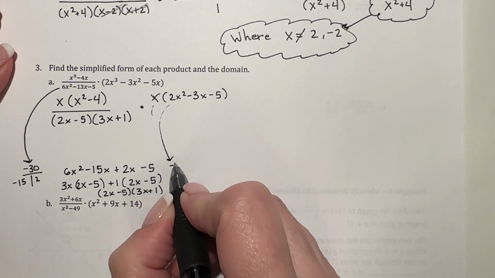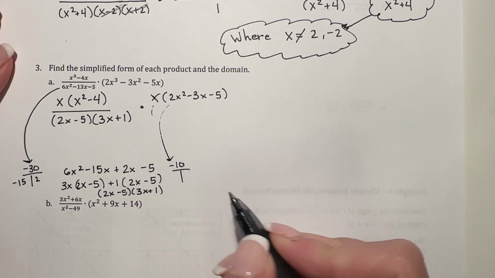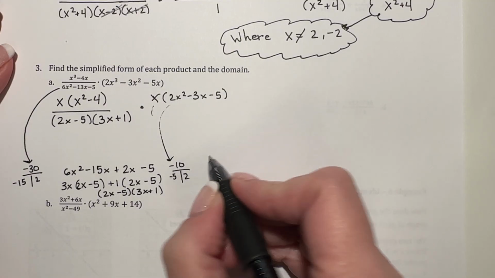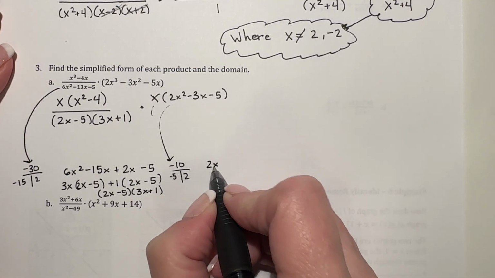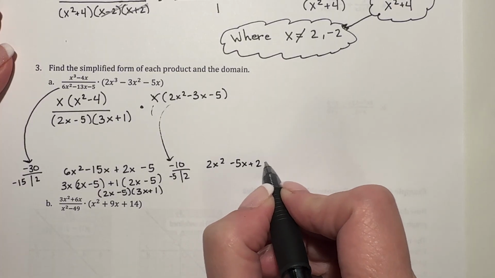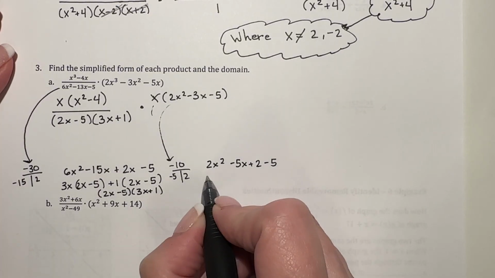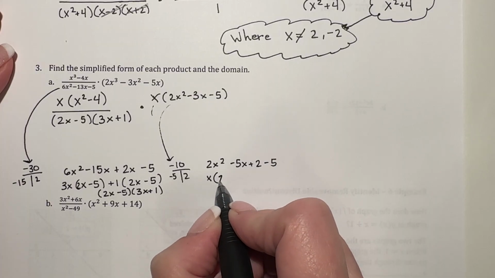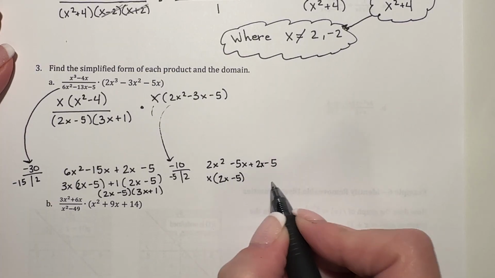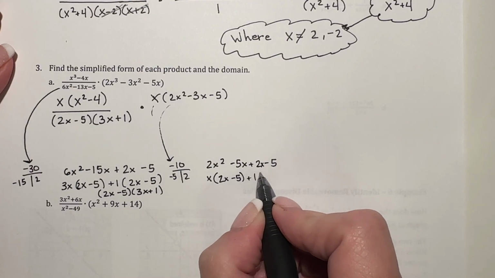So that would be -10, and I need factors that add to -3, so -5 and 2. So that would be 2x squared minus 5x plus 2x minus 5. First pair looks like they have an x in common, leaving me with 2x minus 5. The second pair have nothing in common, so use a 1.